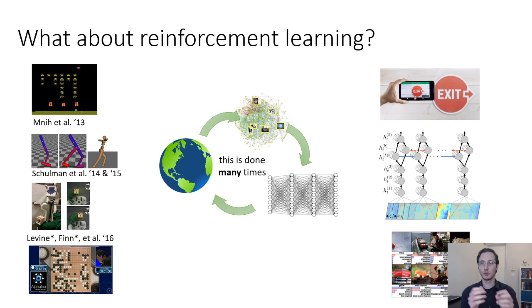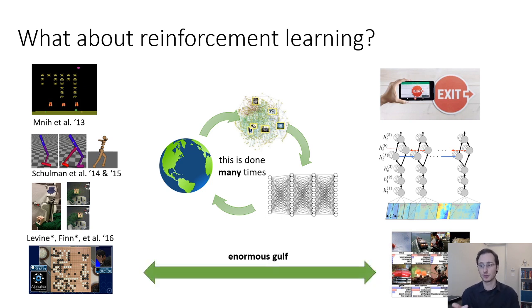And indeed, if we look at the kind of domains in which modern reinforcement learning algorithms have been successful, and then contrast it side by side with the kind of domains where we've seen the success of supervised learning methods that can leverage very large and diverse data sets, we see that there's a really big gulf. It's not that the reinforcement learning algorithms are not capable. They're learning very sophisticated strategies, very sophisticated behaviors, but they're not exhibiting the same kind of open world generalization.